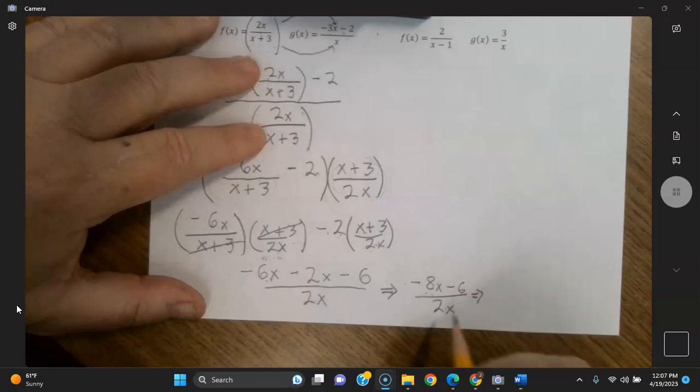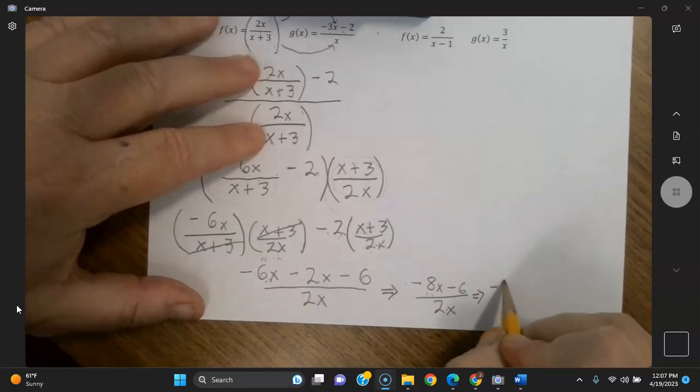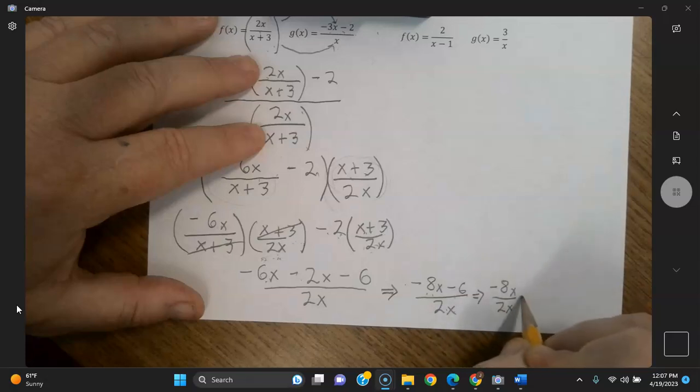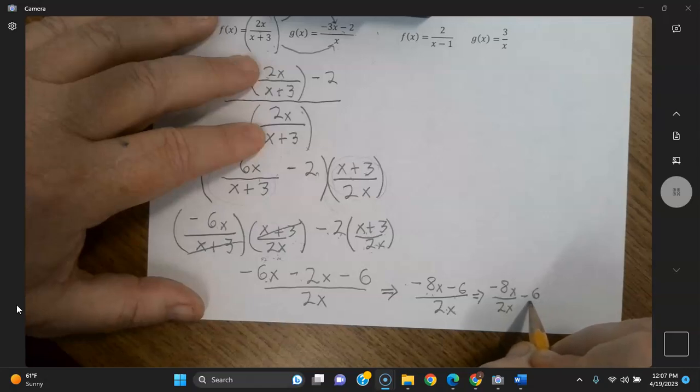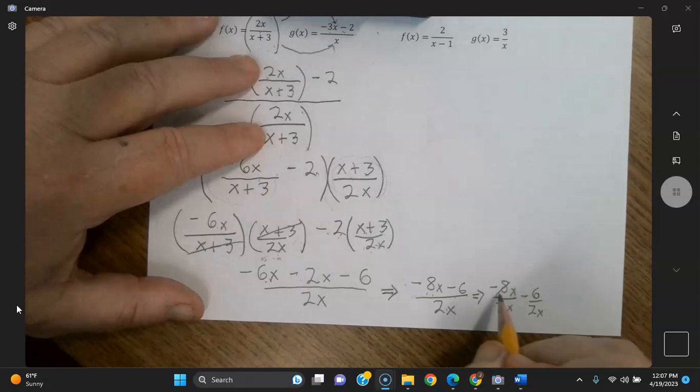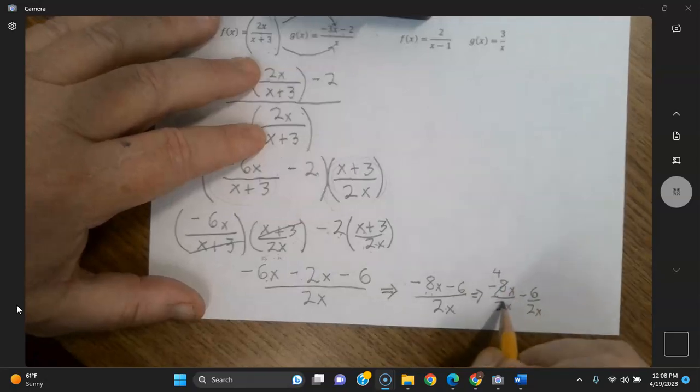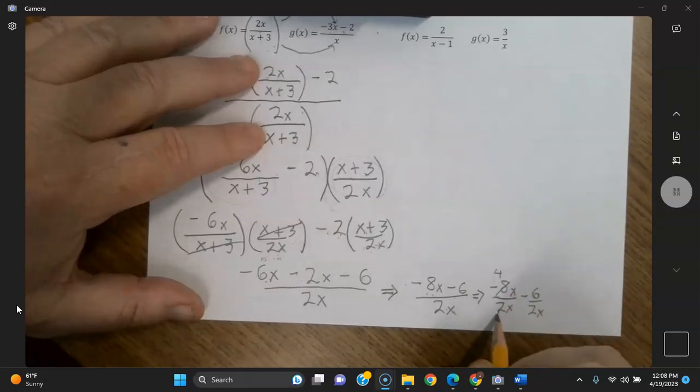And now we can split the denominator and simplify. Negative 8x over 2x minus 6 over 2x. So this becomes negative 4, and this becomes 1.